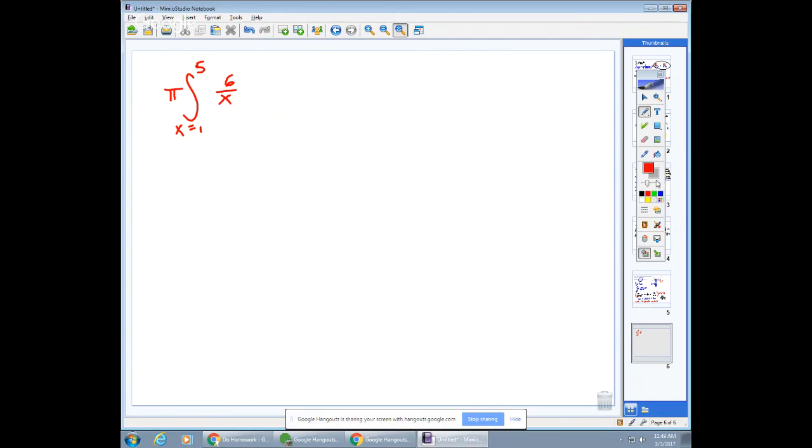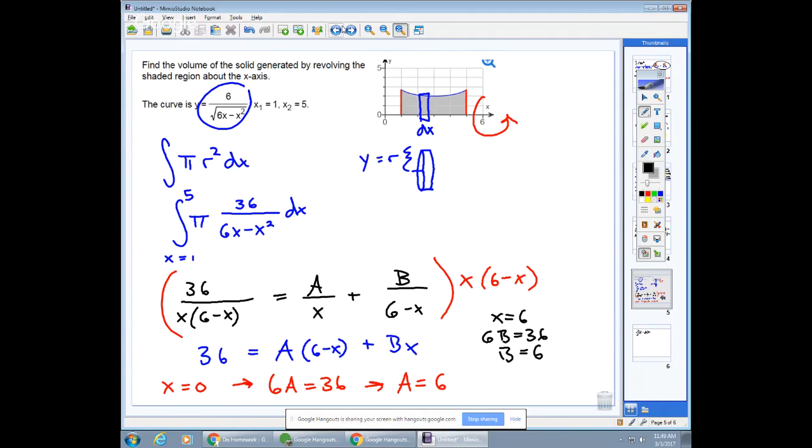Why am I writing in red? Let's fix that. Make it black. And the other one is a plus 6 over 6 minus x dx. Let me just look back, make sure I got that right. Yeah, we left the pi out. We kept the 36. Yep, we're good.